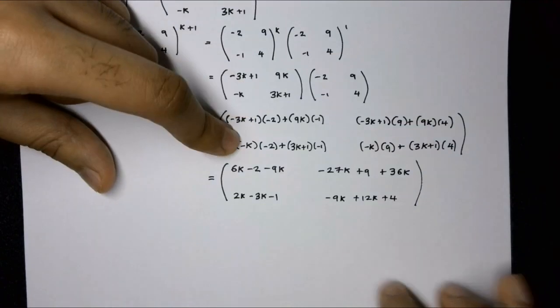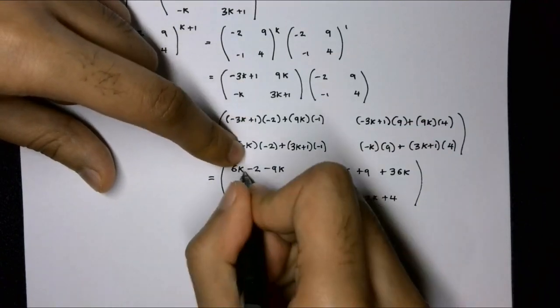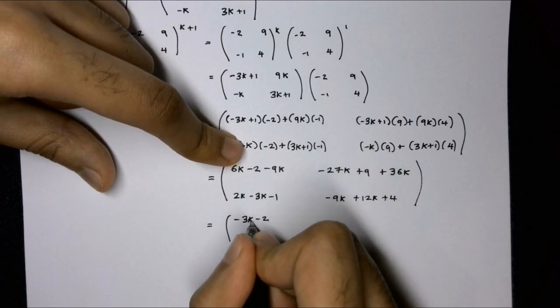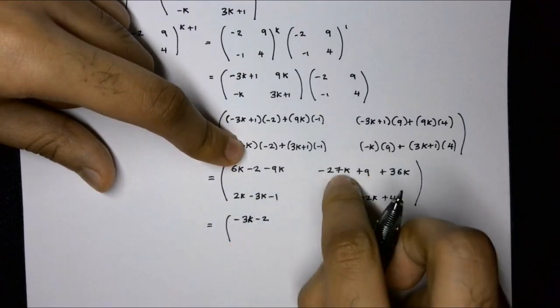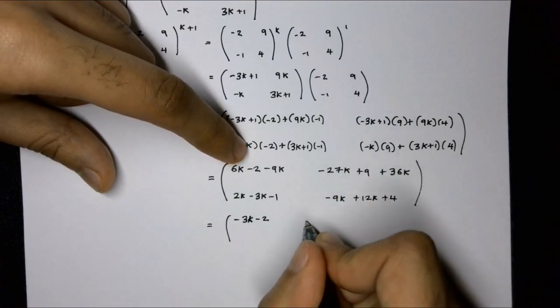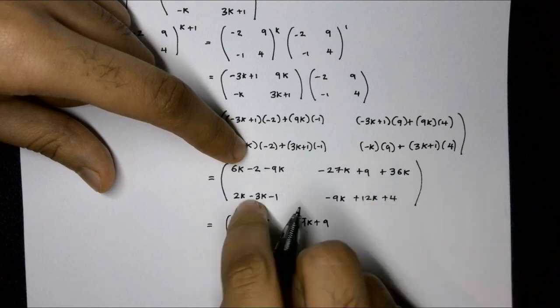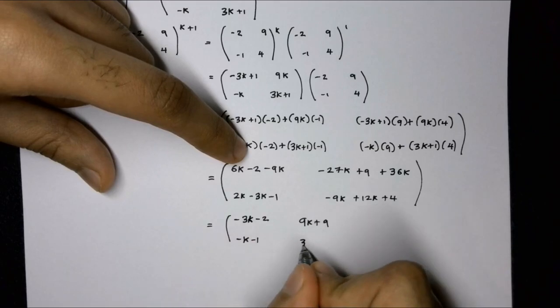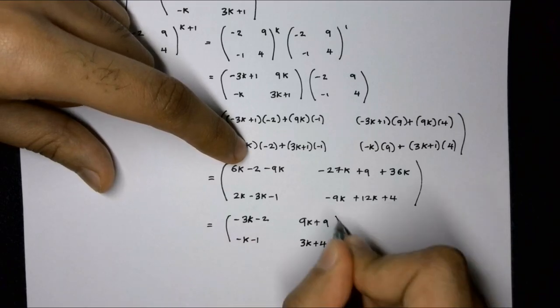So now if we simplify all this, we've got 6k minus 9k, that's minus 3k. And then we've got the minus 2. Here we've got minus 27k plus 36k, that will be 9k. And then we've got the plus 9. Here we've got minus k minus 1, and here we've got 3k plus 4.